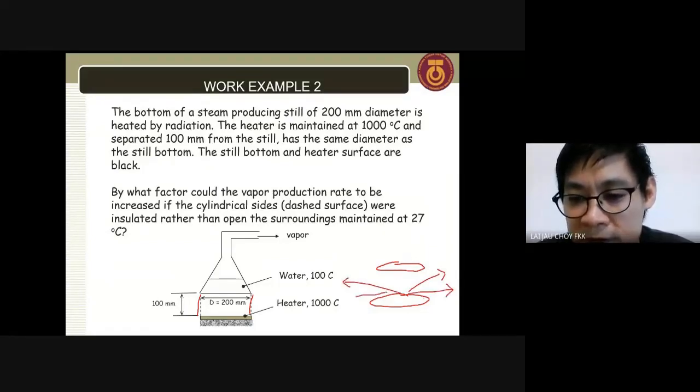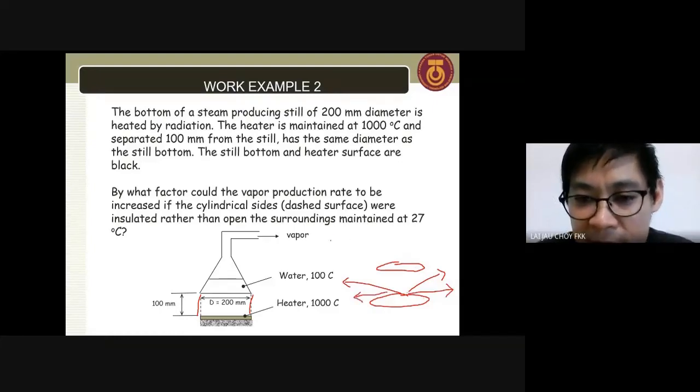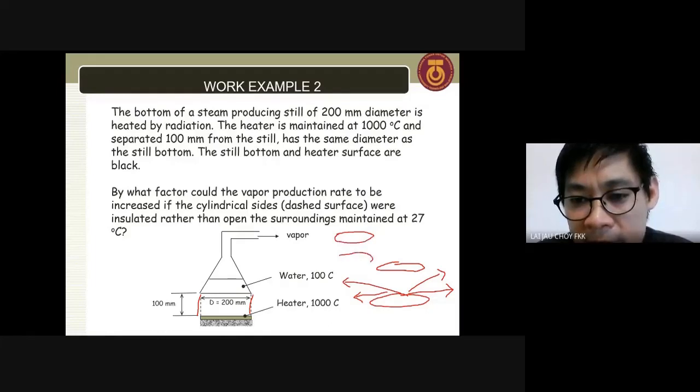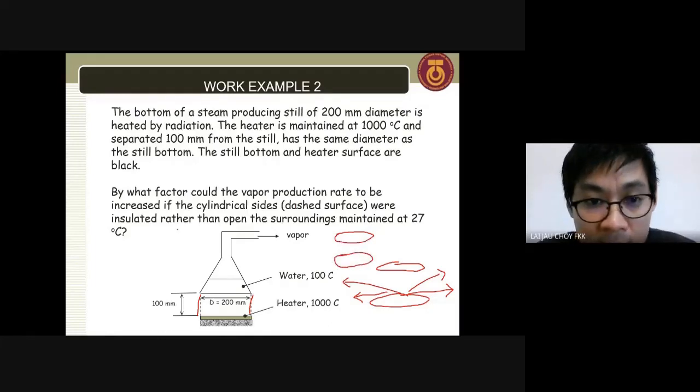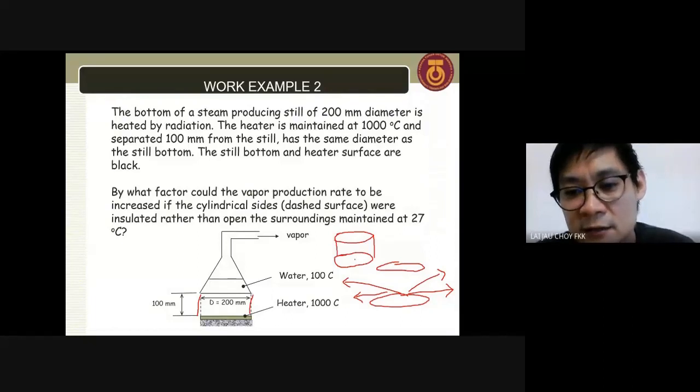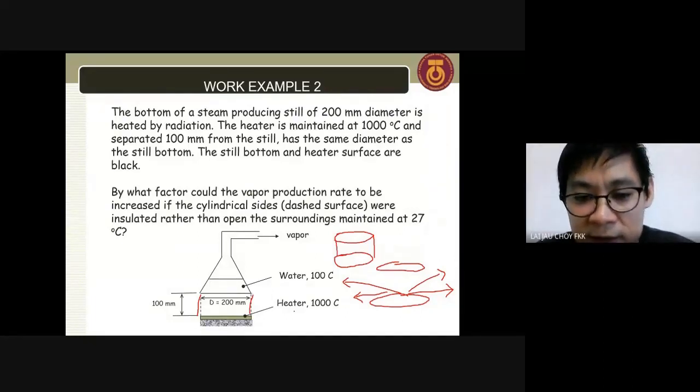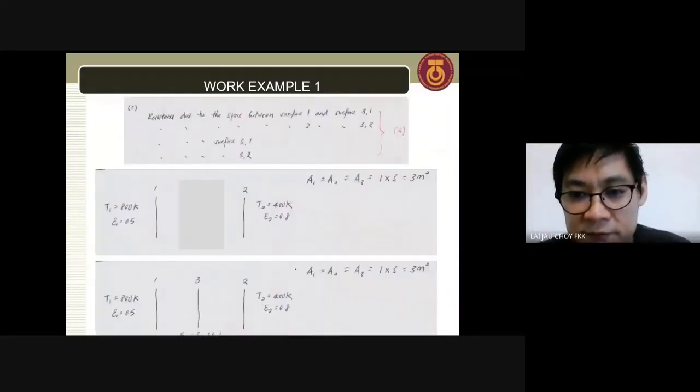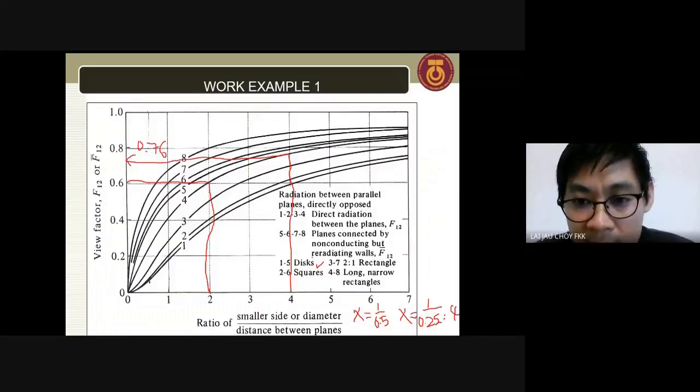So that's why you will have some radiation to the surrounding. But in scenario number two, you will have one insulation, meaning this part is insulated. Insulated basically is, if you see this, planes connected by non-conducting but re-radiating walls.